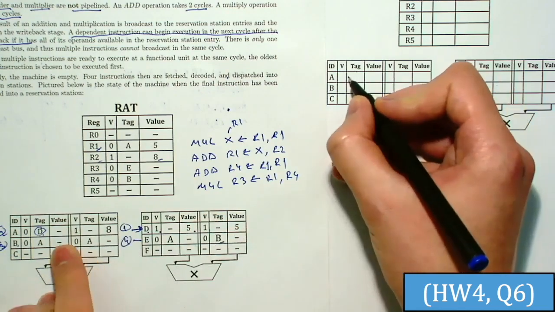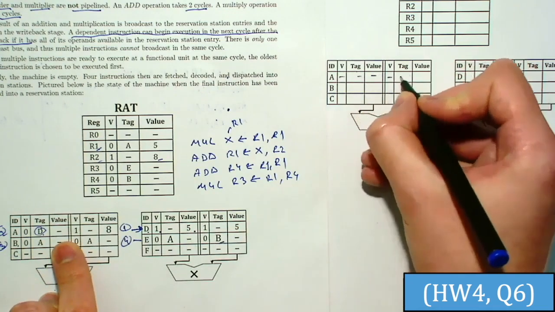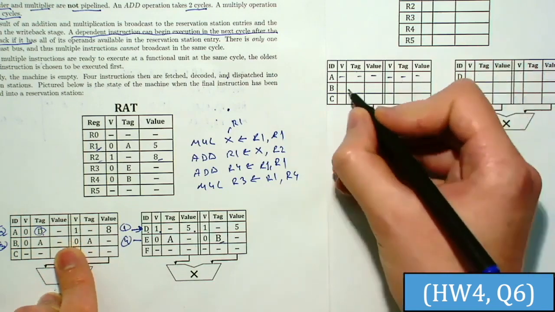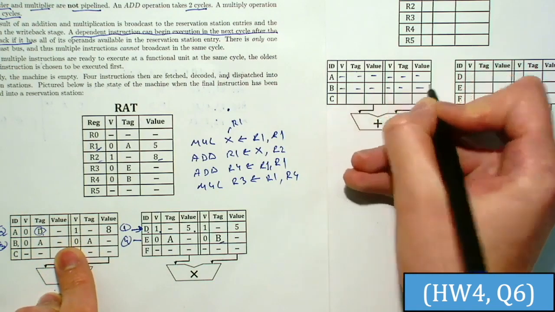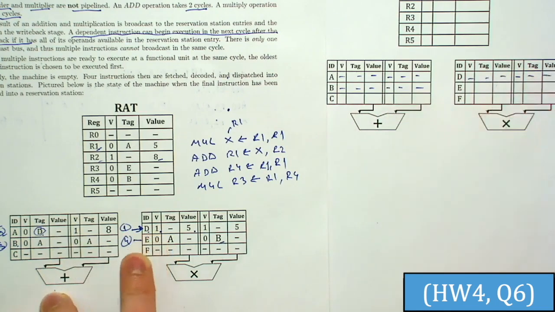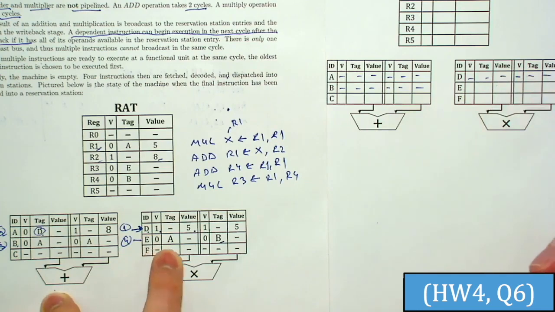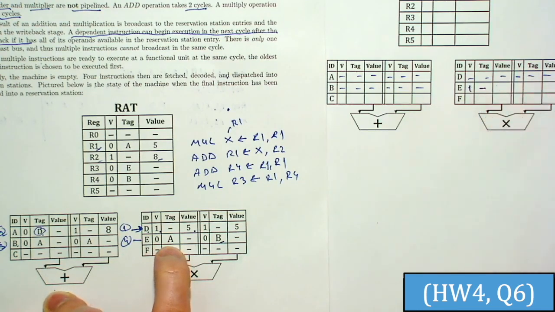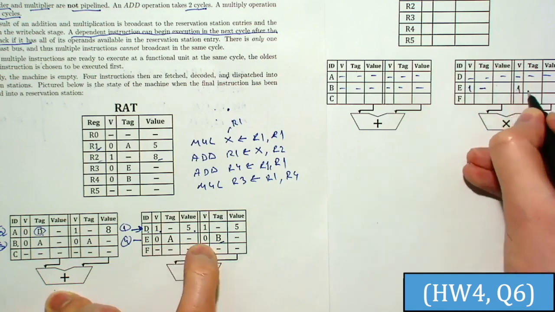So this is finished, so I'll just put dashes here at the end of cycle 12. B is also complete. D is complete, so we don't have to fill anything here. And for E, since A is complete, it will have its data available here, the value will be set. B is also complete, so this will also be set.